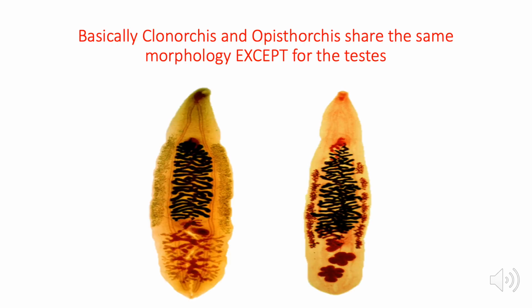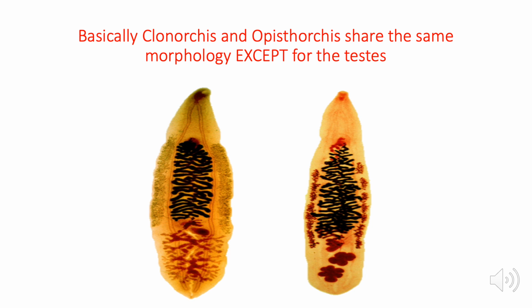I put here side by side the Clonorchis and Opisthorchis adult worms. Both have vitellaria situated in the middle one-third of their body. Please take note that the vitellaria of Clonorchis sinensis would appear to be finely granular compared to that of Opisthorchis.